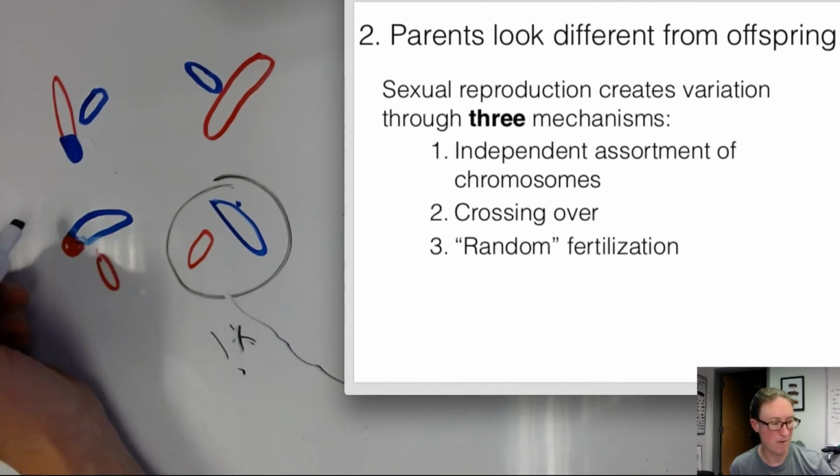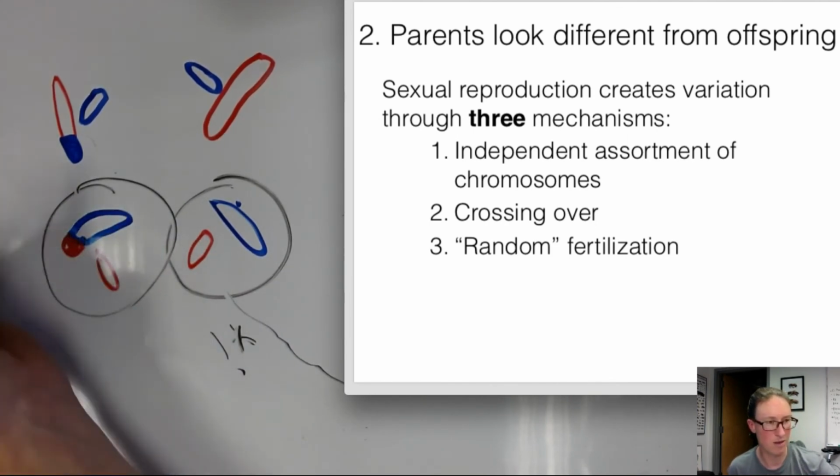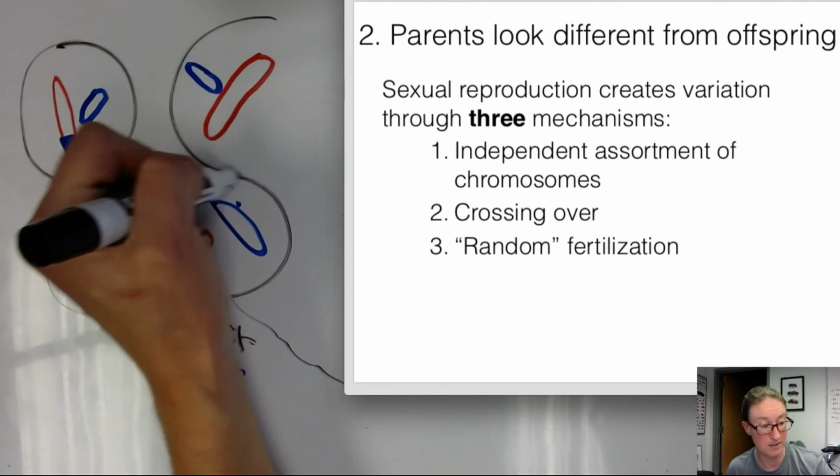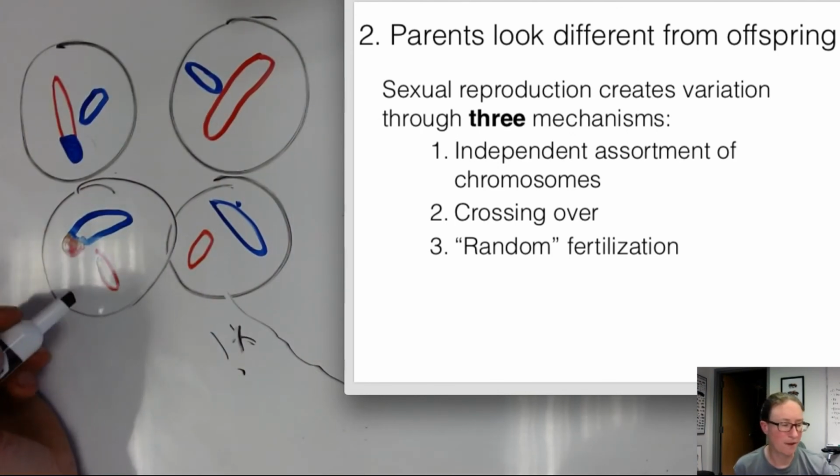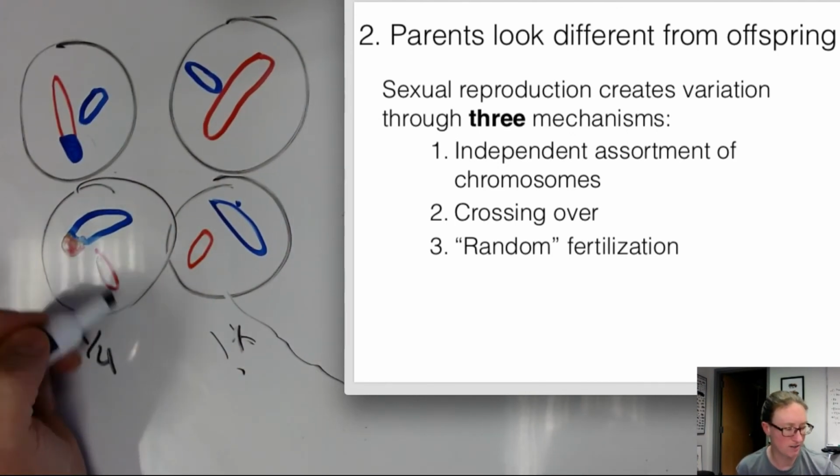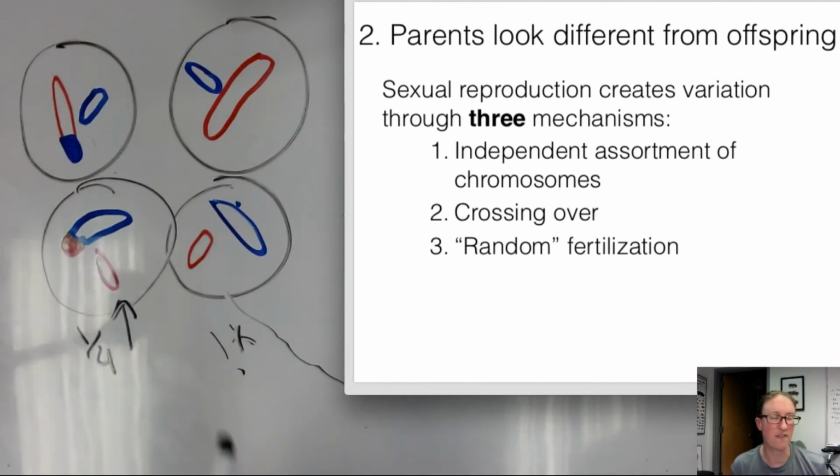Okay. Maybe it's this one instead. Maybe it's this one. Maybe it's that one, right? So there's a 1 in 4 chance that any of these cells is going to wind up being the lucky cell that gets fertilized or that does the fertilizing, but an equal chance. So the process of fertilization is random.